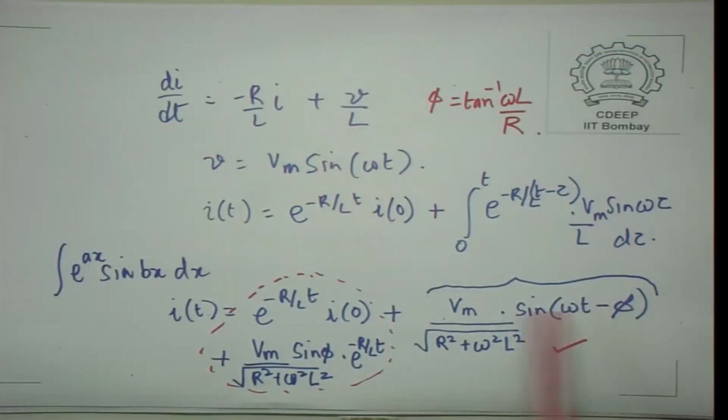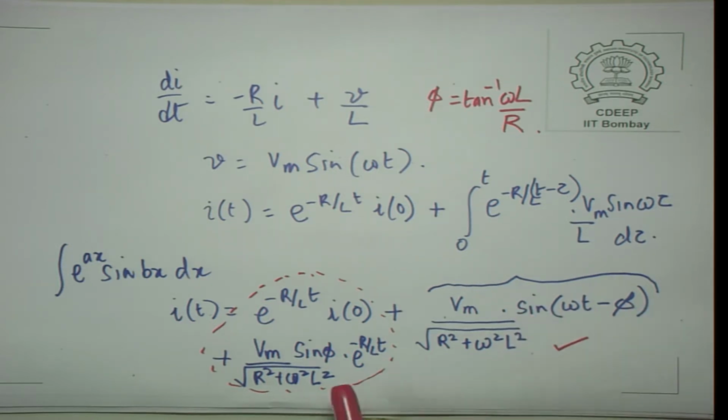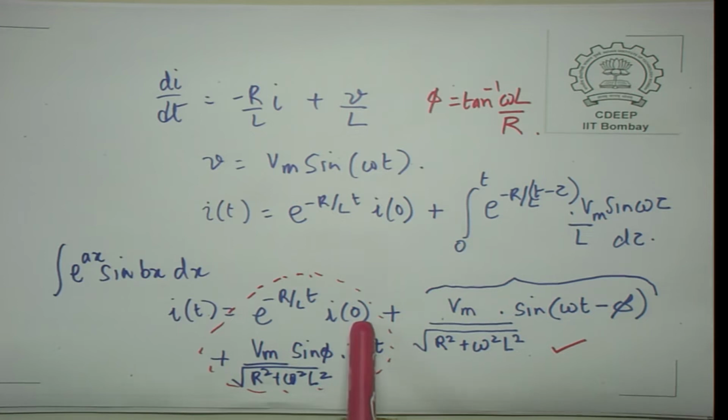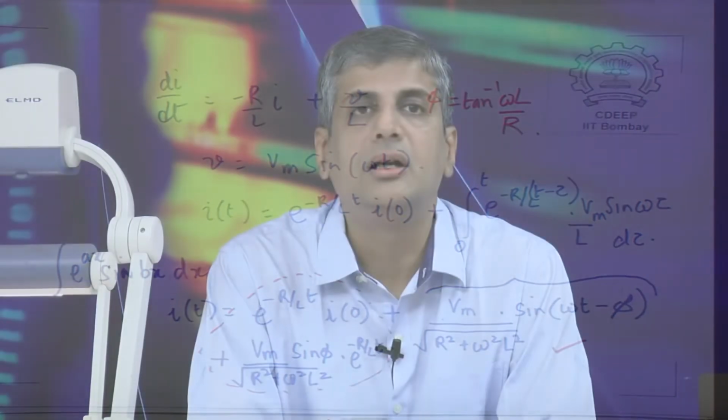Because for example, here if you plug in t equal to 0, you will get Vm by root of R squared plus omega squared L squared into minus sin phi, and this at t equal to 0 cancels with this, because at t equal to 0 this is 1 and this is also 1. So, you will get I0 is equal to I0. So, this is a consistent kind of solution; it is correct in the sense that it is consistent with the initial conditions as well.